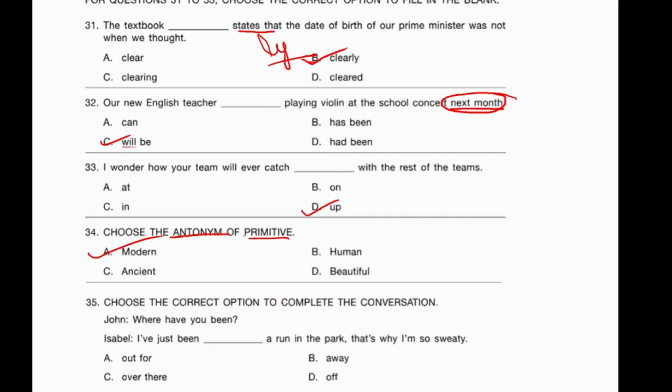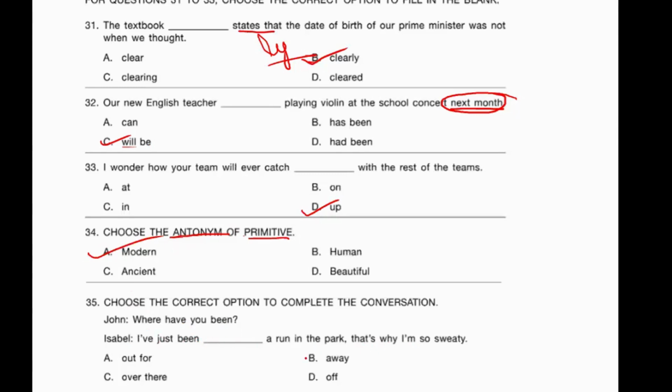Next, choose the correct option to complete the conversation. John: Where have you been? Isabel: I have just been dash a run in the park. That's why I'm so sweaty. So John is asking, where have you been? Isabel is saying, I have just been a run in the park. So it should be, I have just been out for a run in the park.